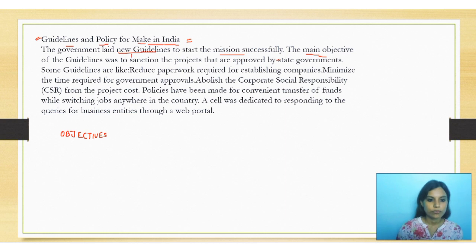Then you can mention the objectives like to sanction the projects that are approved by the state governments, to reduce the paperwork required for establishing the companies, to minimize the time required for government approvals, to abolish the corporate social responsibility, that is CSR, from the project cost, for the convenient transfer of funds while switching jobs anywhere in the country.